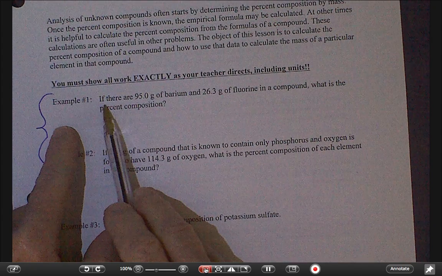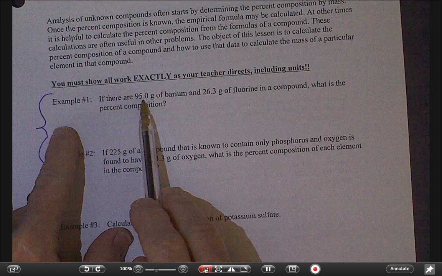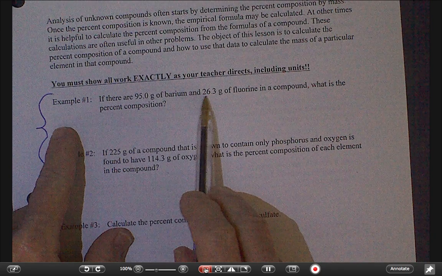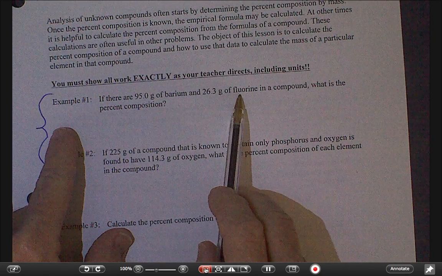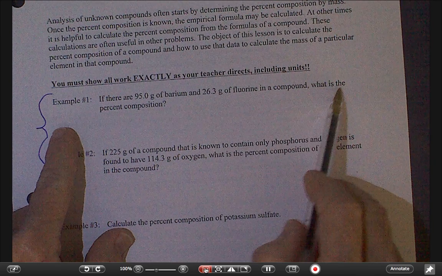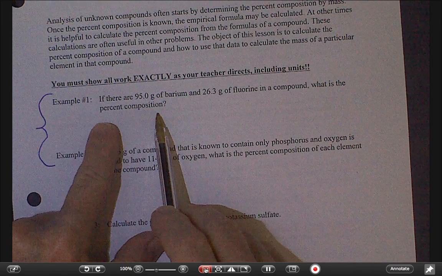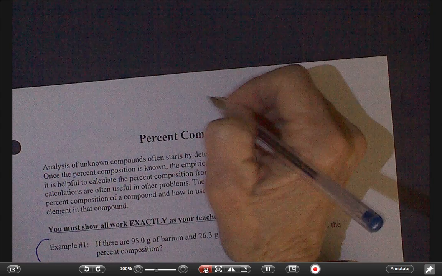Example 1. If there are 95.0 grams of barium and 26.3 grams of fluorine in a compound, what is the percent composition? So let's go back and look at the formula I have written on the board.